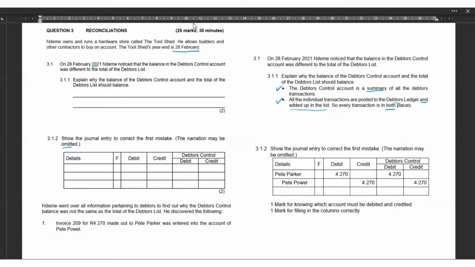He discovered the following. Number one, invoice 209 for 4,270 Rand made out to Pete Parker was entered into the account of Pete Powell. So what did that look like?